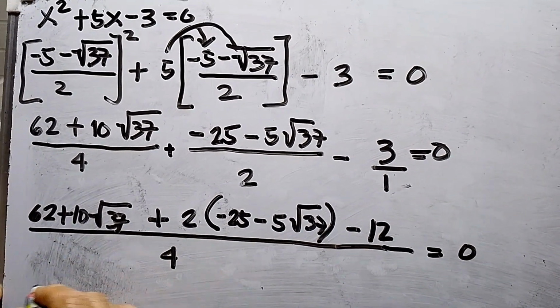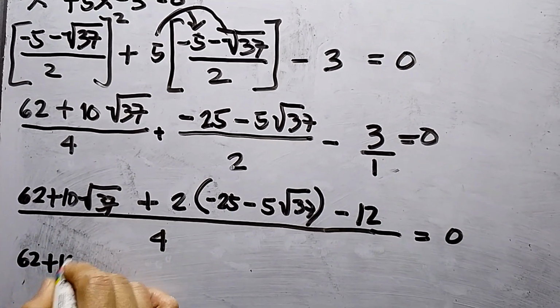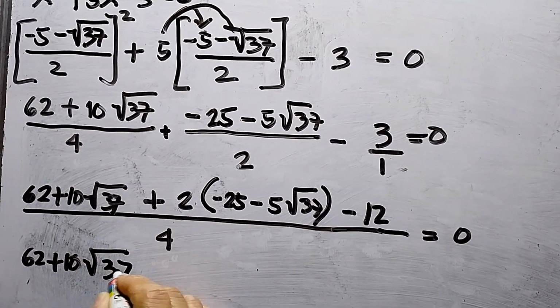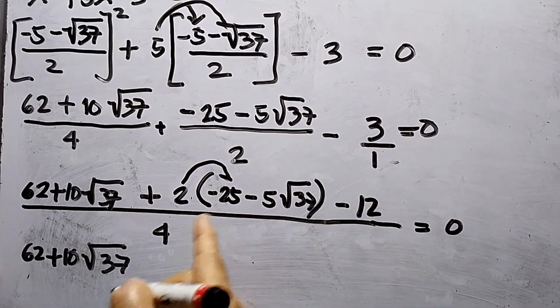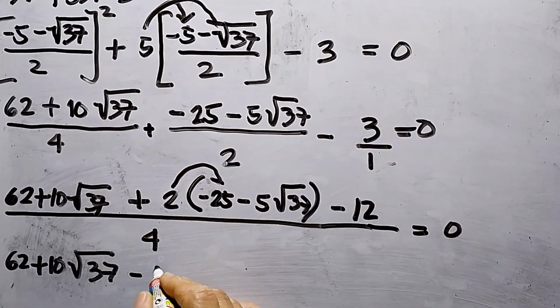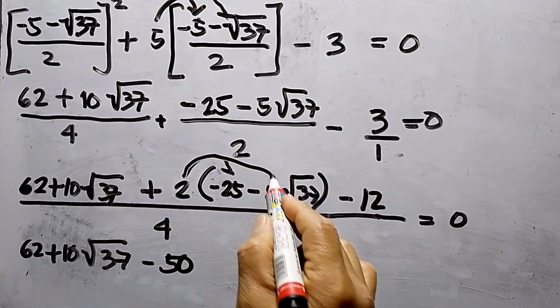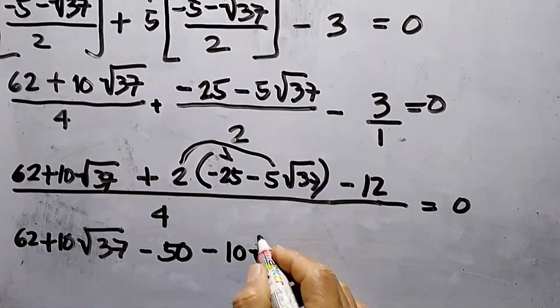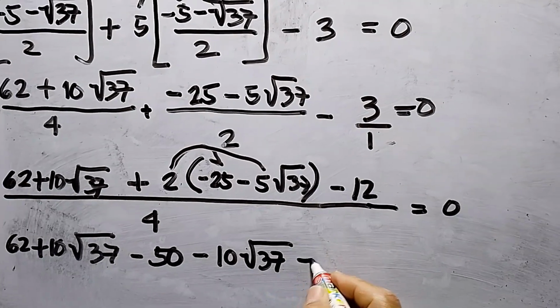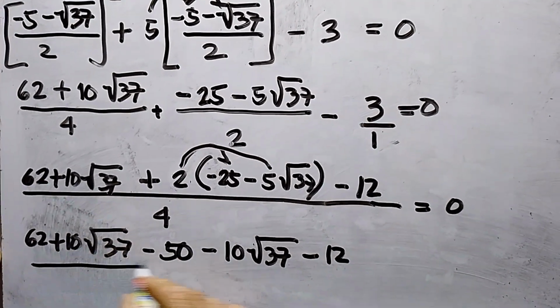Then simplify, 62 plus 10 square root of 37. Then distribute. 2 times negative 25 is minus 50. Then distribute. This will be minus 10 square root of 37. Then just copy negative 12 over 4.